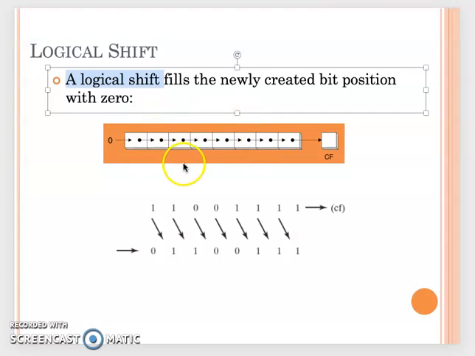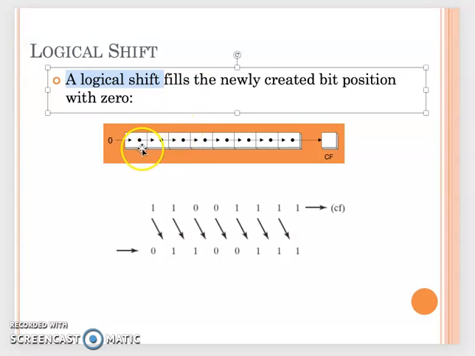But one thing to think about: when you shift to the right, there is an open space with nothing to shift in. If it's a logical shift, the opened-up space we fill with 0. That's what we call the logical shift.